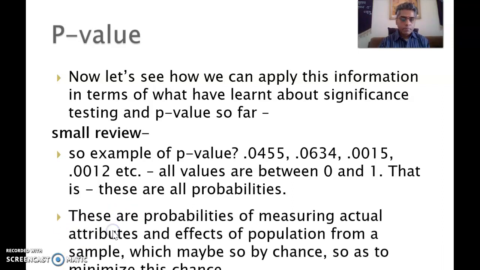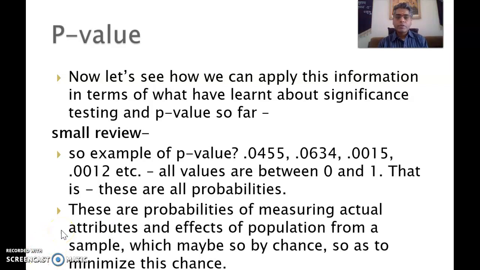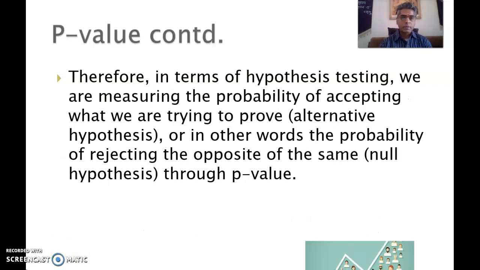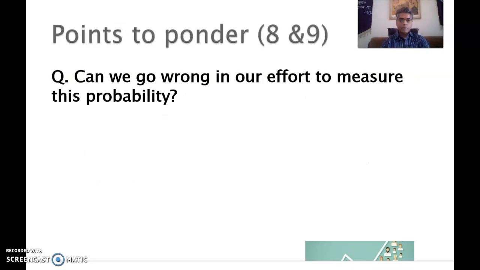And these are probabilities of measuring the actual attributes and the effects of the population from a sample, which may be so by chance. Therefore, in terms of hypothesis testing, we are measuring the probability of accepting what we are trying to prove, the alternative hypothesis, or in other words, the probability of rejecting the opposite of the same, which is also called the null hypothesis, through p-value.